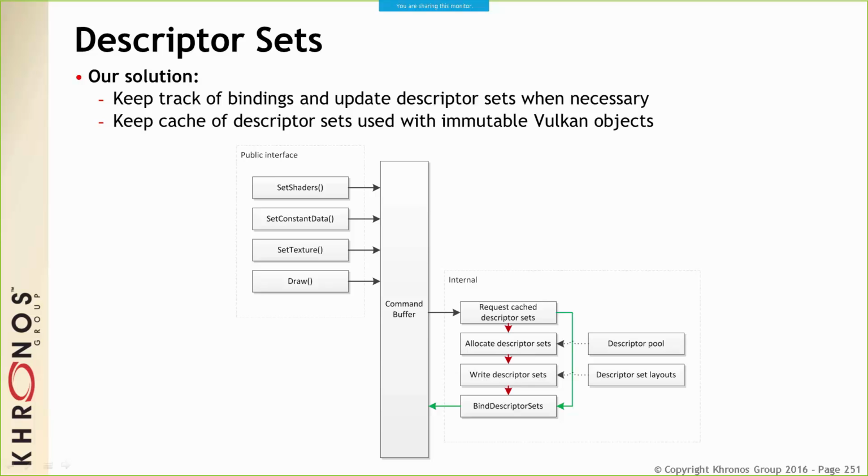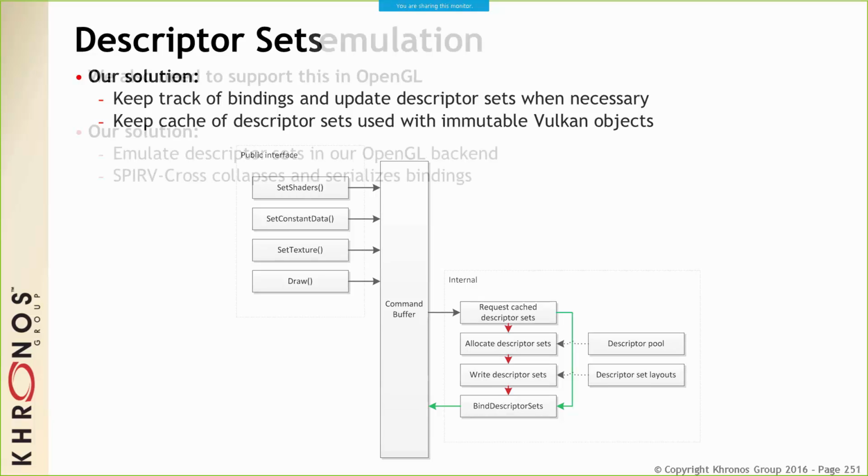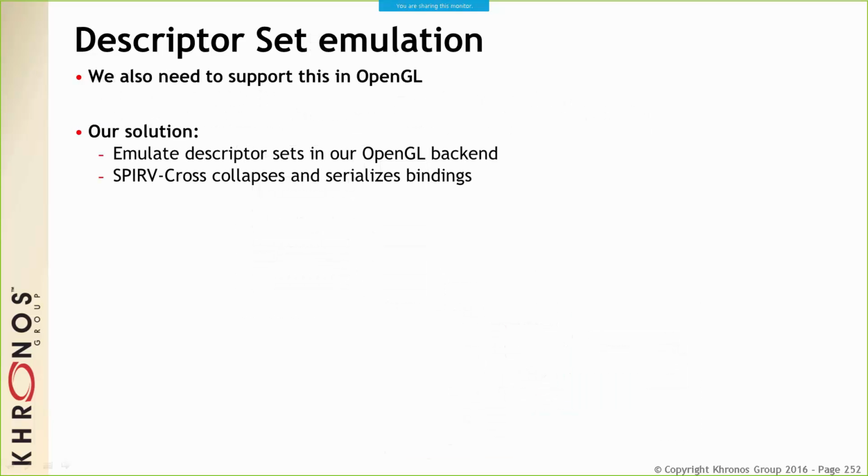But again, we still need to support this on Vulkan, because our engine should support that as well. So how do we do this? Well, again, SPIRV-Cross lets us just fiddle around with the bindings, and we can create some mapping function. So let's say that our shader splits textures and buffers up into multiple sets there.